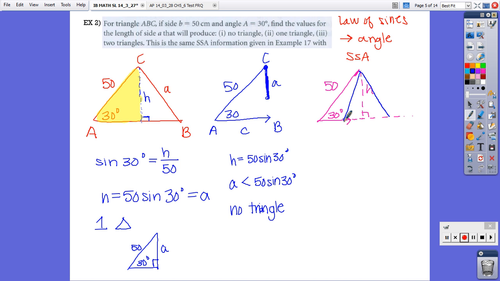So that'll show you that the possibility of two triangles exists. There's one of them, triangle 1, that's 30, and that's 50. Or there's triangle 2, where that's still 50, but now it's over on this side, and this is still 30, and this is still 50. So this happens when your A is now bigger than the height.